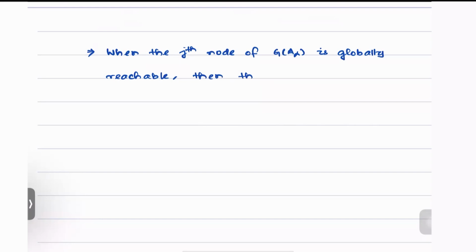When the jth node of G(A_L) is globally reachable, then the jth node of G(A) is also globally reachable.